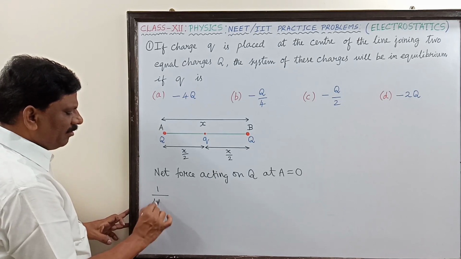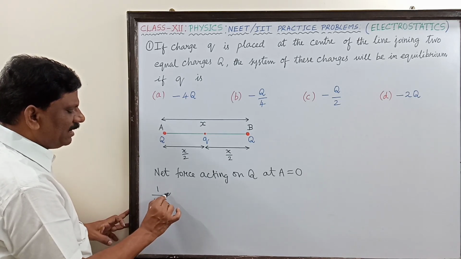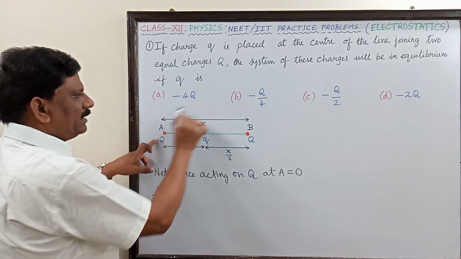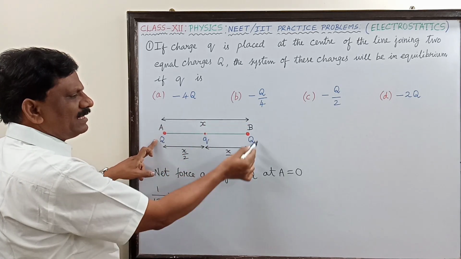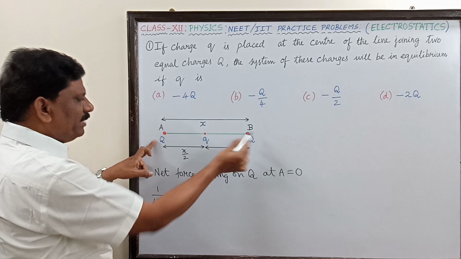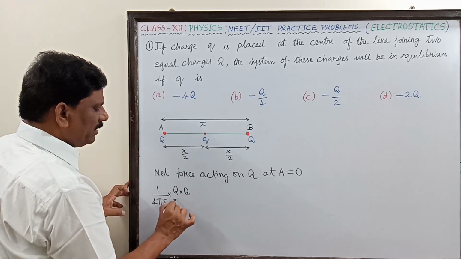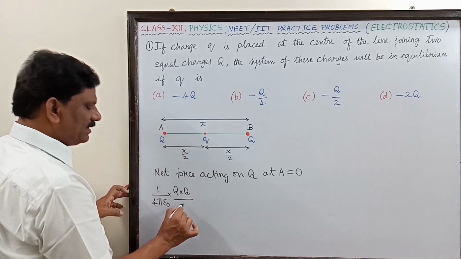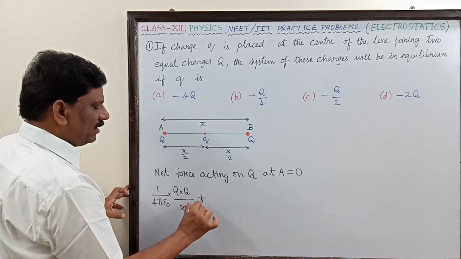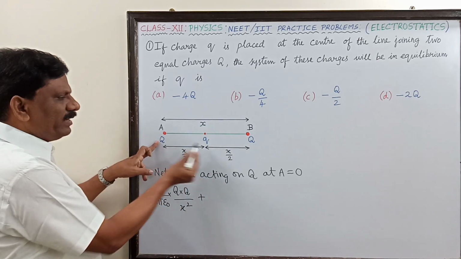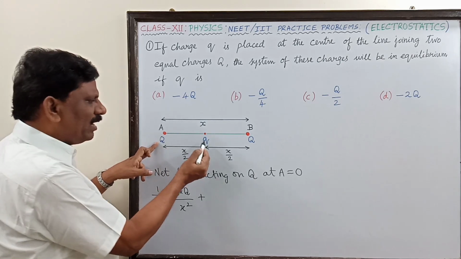That is equal to 1 by 4 pi epsilon naught into the force between the charges placed at A and B, that is Q into Q divided by the distance square, which is x square, plus it is also experiencing another force due to small q.